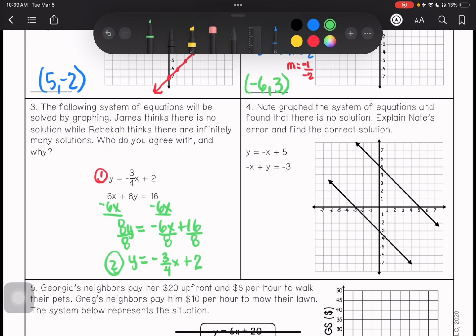I agree with Rebecca because Rebecca thinks there are infinitely many solutions, and I agree with her because if we solve for y, both equations are the same. So I will agree with Rebecca.